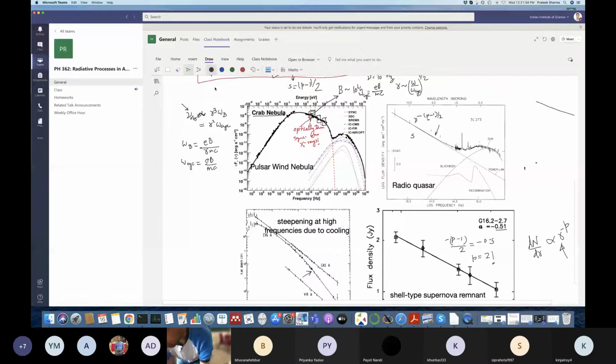Your question was how can a source give you black body emission and radio emission both. The accretion disks are actually complicated objects.